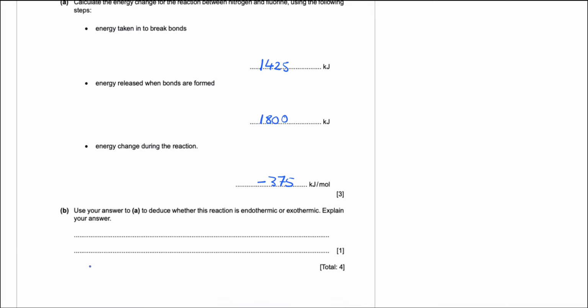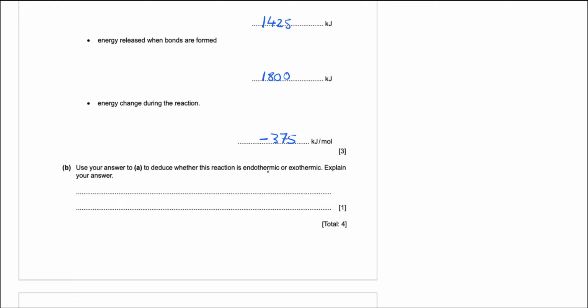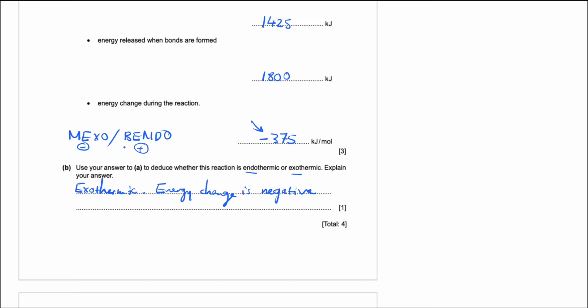Now I just need to reach that final part here, the explanation part. Is it an endothermic or exothermic? Clearly, that's an exothermic. So the answer is exothermic. Remember, we chose it to be exothermic because the overall energy change is negative. And once again, remember mexo, bendo, negative, positive, released, absorbed.